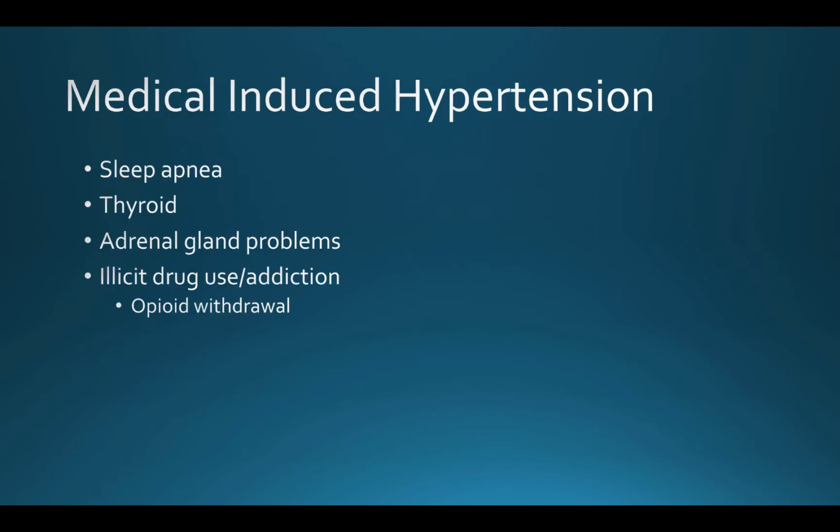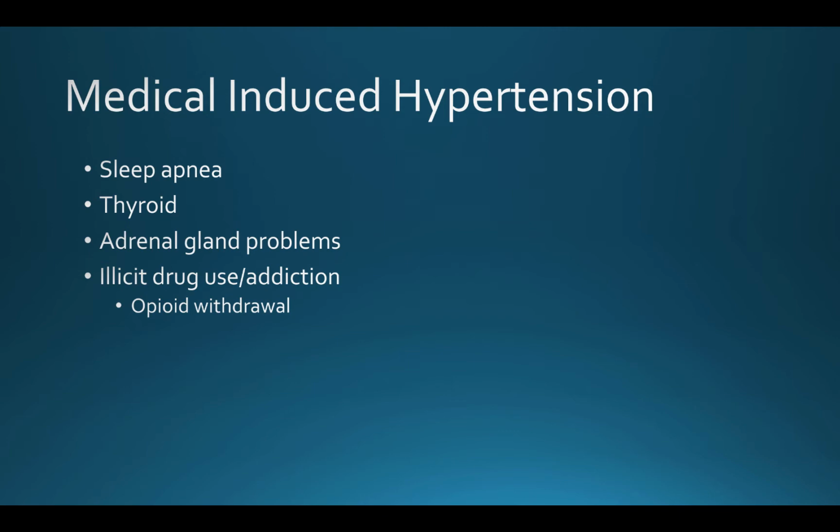A few medical causes, so sleep apnea is one, where you may see a patient that gets put on blood pressure med after blood pressure med, and they keep jacking up doses, and it doesn't seem to be coming down. Definitely need to think about medical causes. So sleep apnea, thyroid issues, maybe we're hyperthyroid, raising that blood pressure.